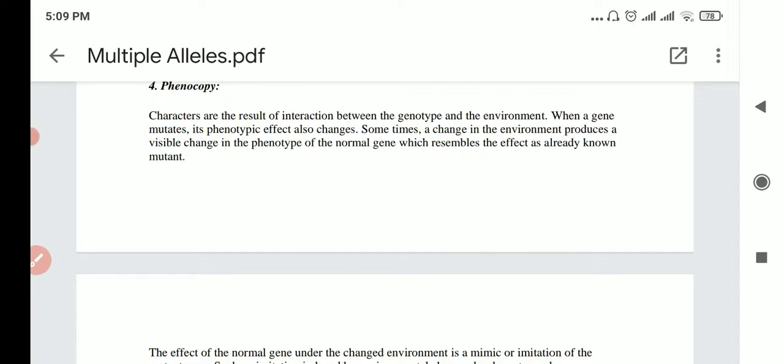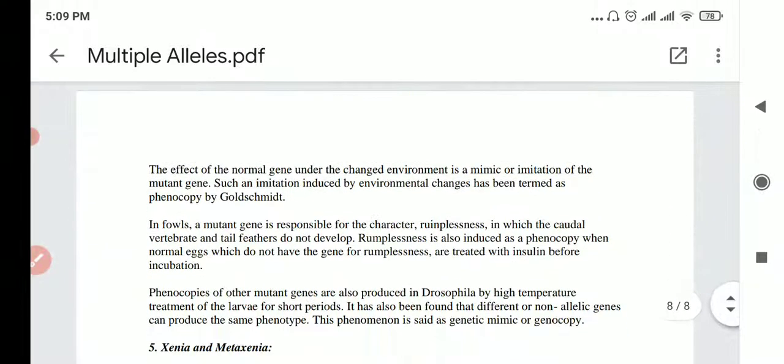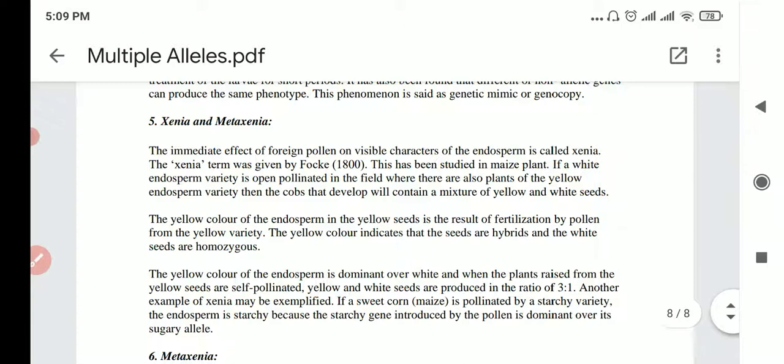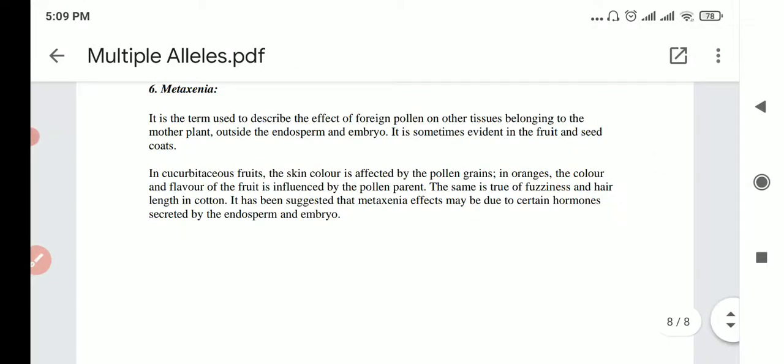Phenocopy is when there is an interaction between the genotype and the environment, okay. When you change the environment, the phenotype expression is different, okay. Metaxenia is when a foreign pollen or a foreign tissue falls in the endosperm and the embryo, but even though it's a foreign pollen, it still shows some effect, okay.